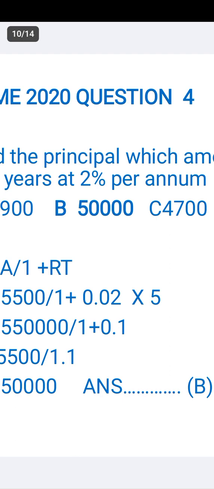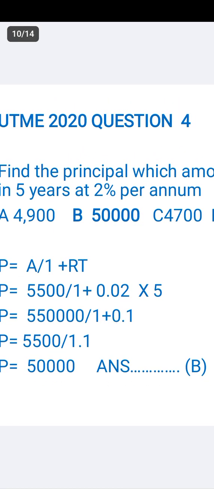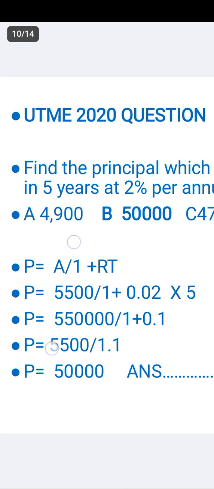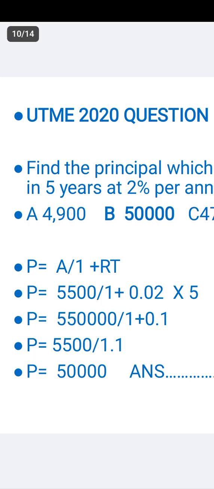But now the interest is not given. So when the interest is not given and the amount is given, the formula we are going to use to solve this problem is principal is equal to the amount over 1 plus rate times time.